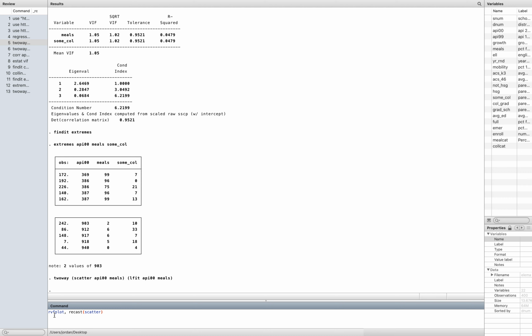So the command is rvfplot, comma, recast, open parentheses, scatter, close parentheses. Are you with me? I hope so.